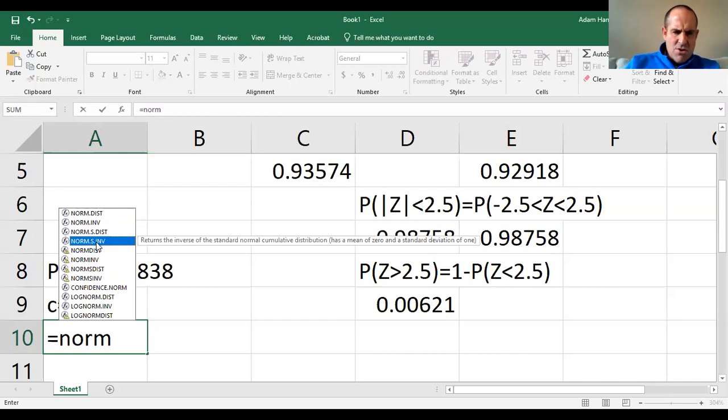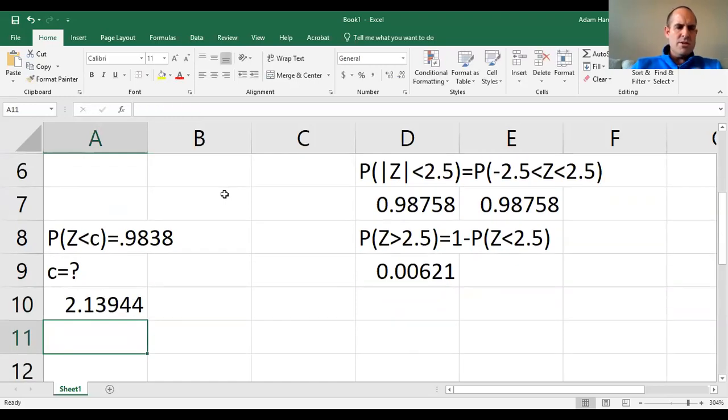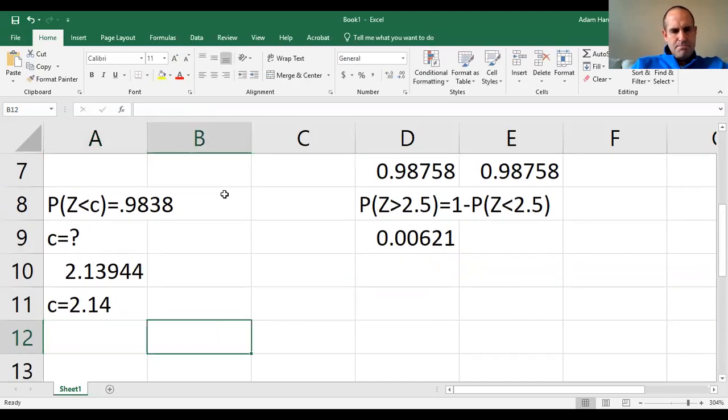It returns the inverse of the standard normal cumulative distribution. What you input is a probability, and it will return the value that delivers that. Remember I said 2.14 was what it should be. So what's the probability we want? 0.9838. There is 2.14. So C is equal to 2.14 basically.